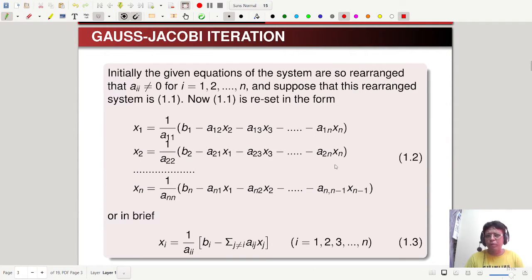So in Gauss Jacobi iteration, initially the given equations of the system are so rearranged that aii is not equal to 0. That is, the leading coefficients a11, a22, a33 are not equal to 0, like this. So it is rearranged like that, and suppose that this rearranged system is 1.1. Now 1.1 is reset in the form x1 equal to 1 by a11 times b1 minus a12 x2 and so on.